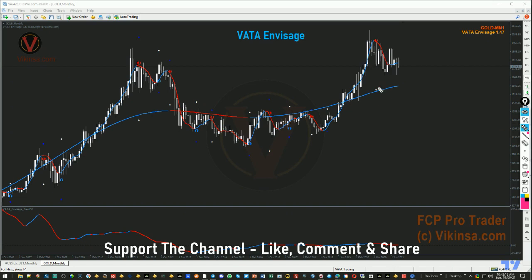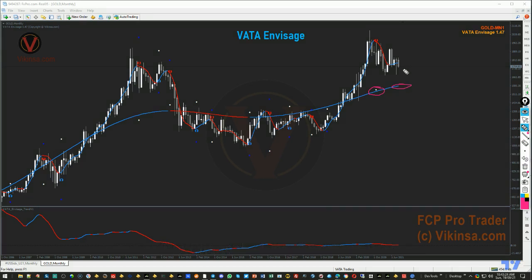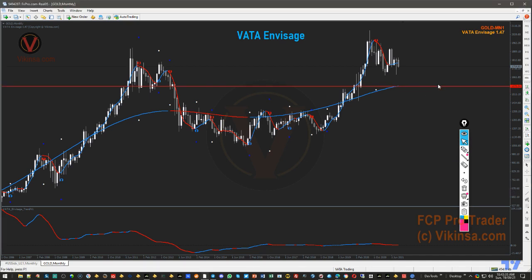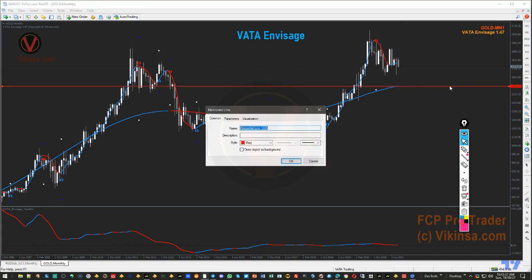I've been talking about this monthly target for quite some time, and this Vata and Visage target as well. So ultimately, because the market is falling down, there is still a possibility that on the monthly time frame it can fall all the way to this level here. Let me actually put those levels for your reference. Near about, this is 1570.